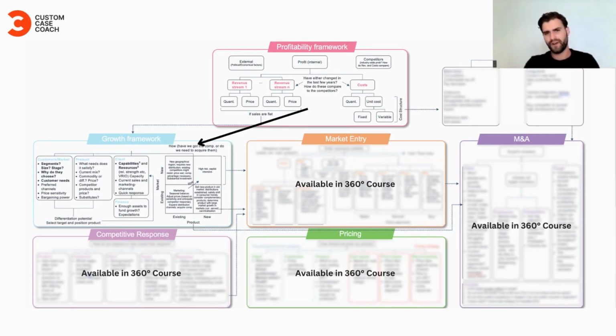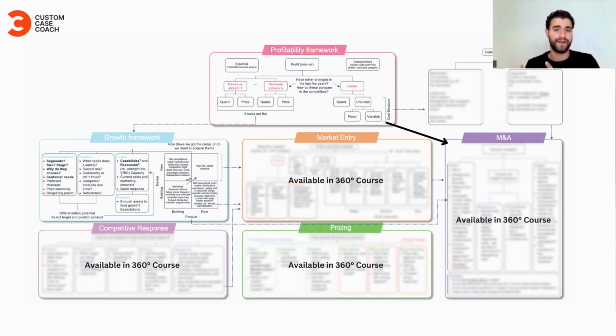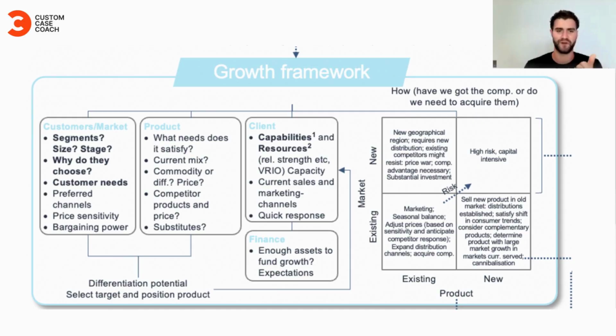In a very rare case or situation, we might even look to acquire a company because that other company can open us up to new markets. We can share customers. There might be synergies. That company might have higher profitability or profits, or they might be able to reduce our cost structure. But the more likely scenario, if a profitability framework turns into another one, is going to be growth.